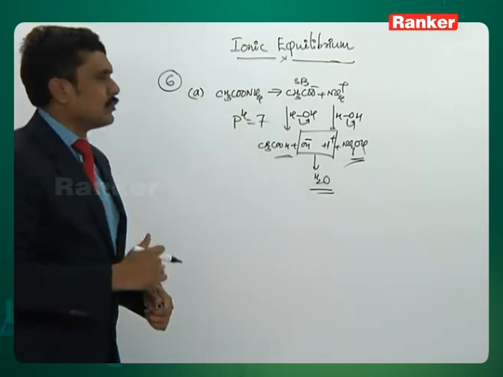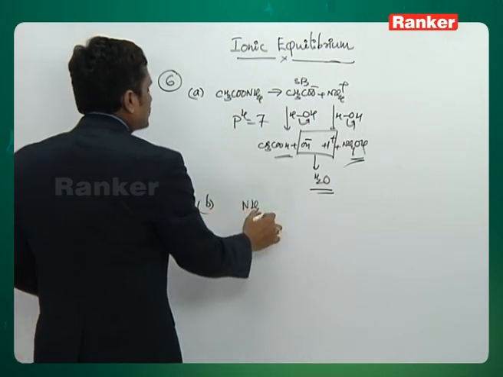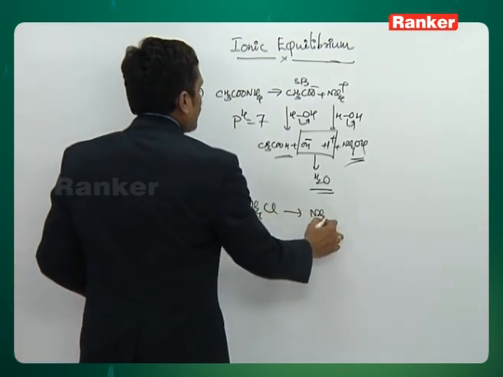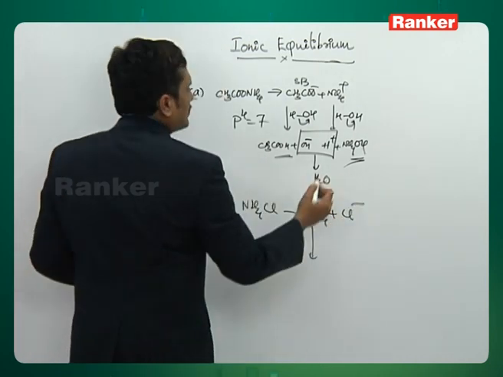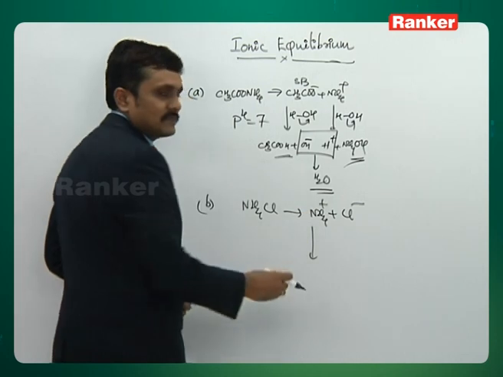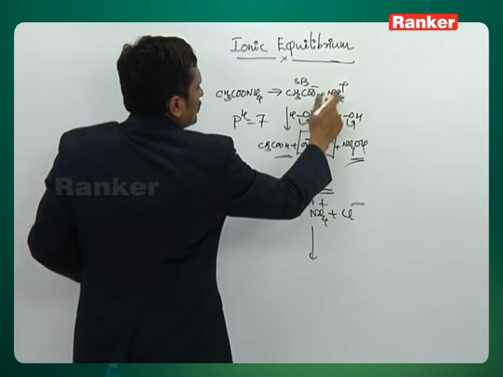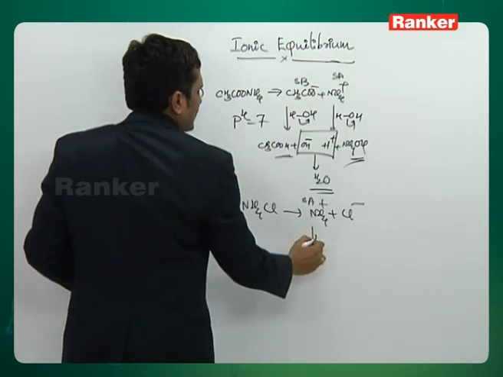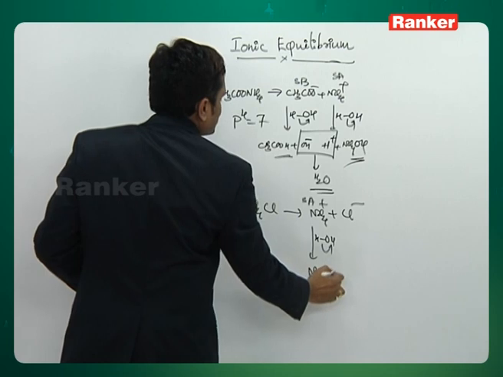Now the second thing is ammonium chloride. So when I have ammonium chloride, it is also going to dissociate into NH4 plus and Cl minus. Once again we know that ammonium hydroxide is a weak base and hence this will be a strong acid. As we know, this strong acid is going to react with water. It's going to abstract the proton to give you NH4OH plus H plus.